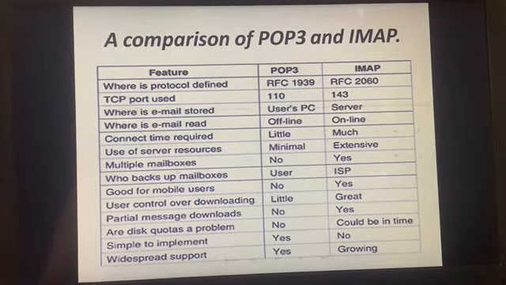So the features are written in the first column, and then the differences of POP3 and IMAP.